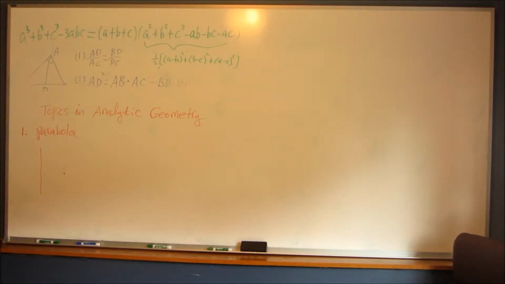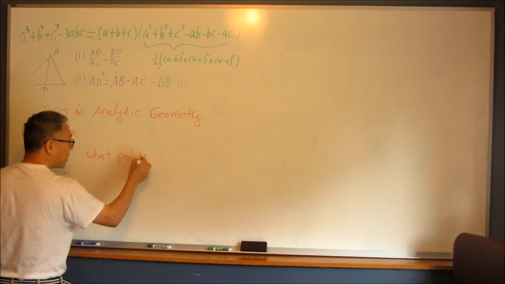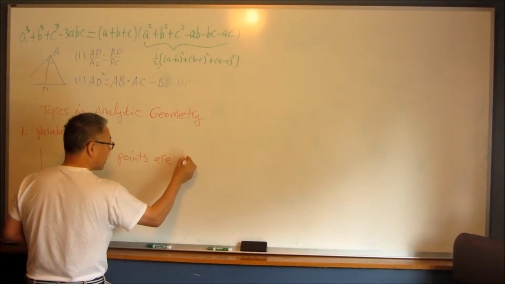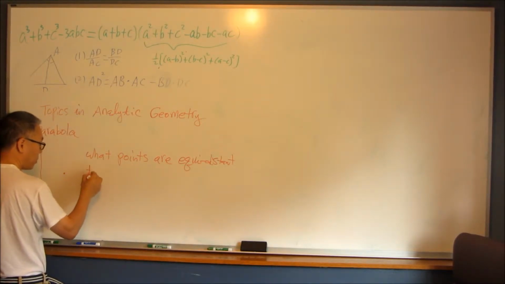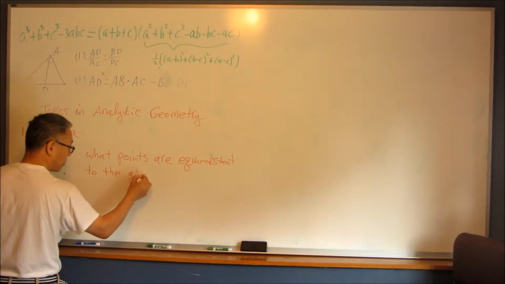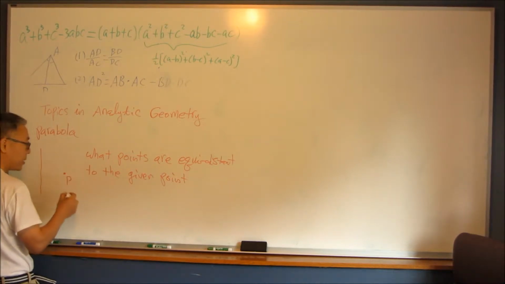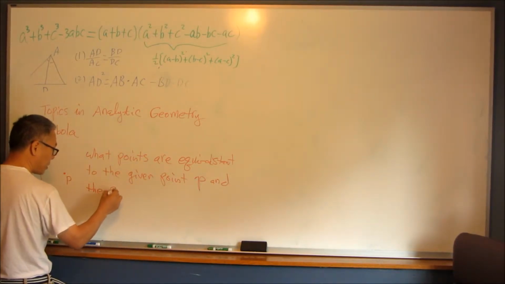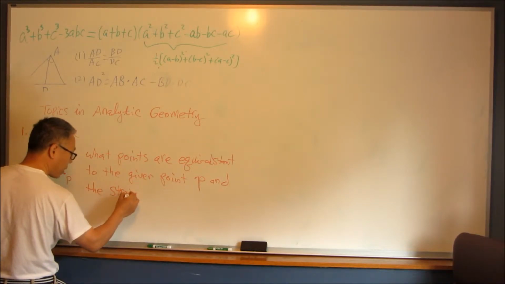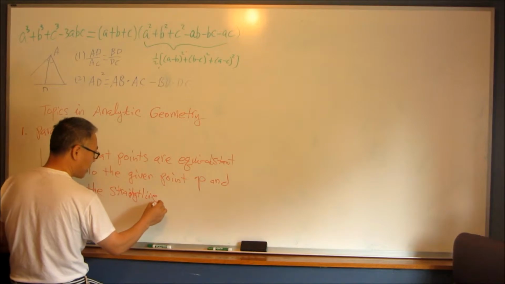We want to find what points are equidistant to the given point, which I'm going to call P, and the straight line, which I'm going to call L.